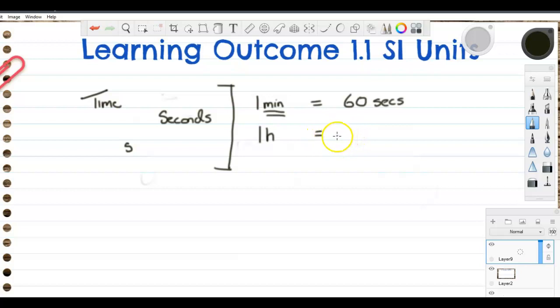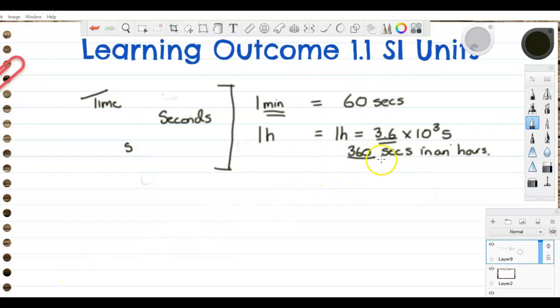And then when you write it as a definition, 1 hour is equal to 3.6 times 10 to the power of 3 s. Now the reason why we have 3.6 is because there are 360 seconds in a minute. In an hour. Sorry, that's wrong. It's 3,600 seconds in an hour.